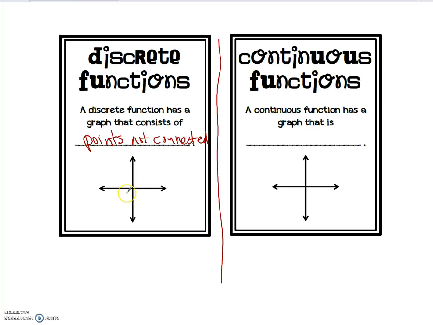So on our graph, this would be like dot, dot, dot, dot, dot, dot. A continuous function has a graph that is connected. So dot, dot, dot, dot, dot, dot, but we connect the dots.